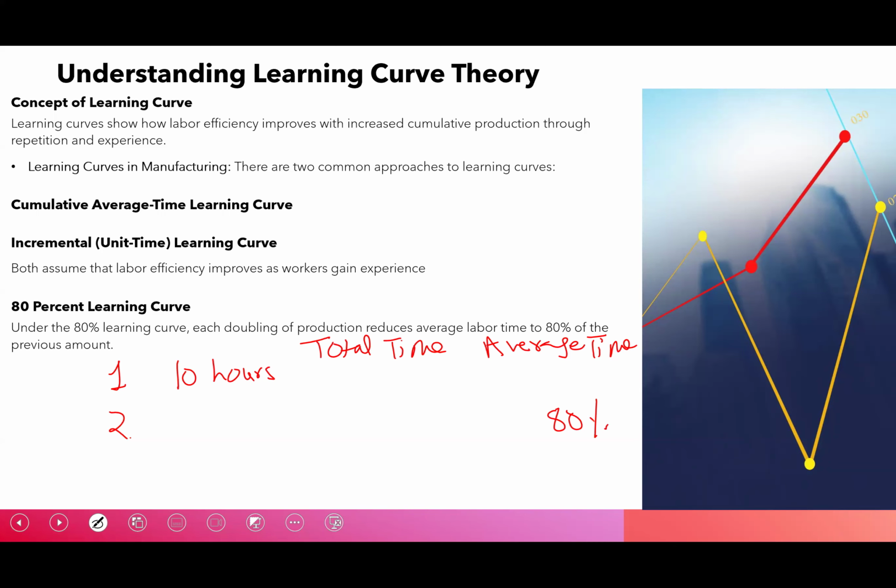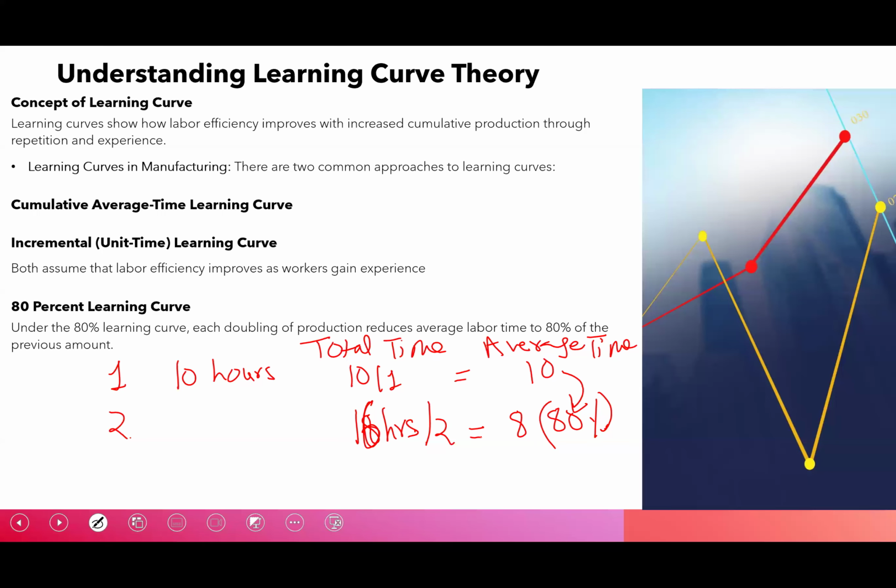So if the first unit took 10 hours, total time is also 10. Average time is also 10 because 10 divided by 1 gives me 10. Now it is saying that the average time is 80%, which means 8 hours. So if the average is 8, the total time was 16. 16 divided by 2 is what gives me 8 hours.